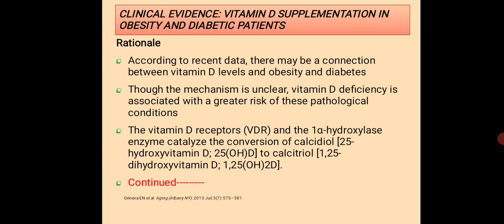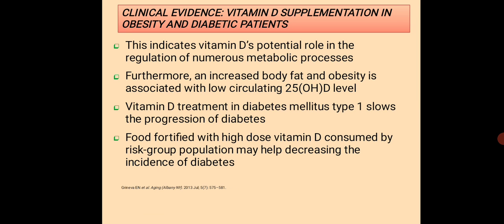Vitamin D receptors, VDR, and 1-alpha hydroxylase enzyme catalyze the conversion of calcidiol, 25-hydroxy vitamin D, to calcitriol, 1,25-dihydroxycholecalciferol, that is converted into the active form. This indicates vitamin D's potential role in regulation of numerous metabolic processes.